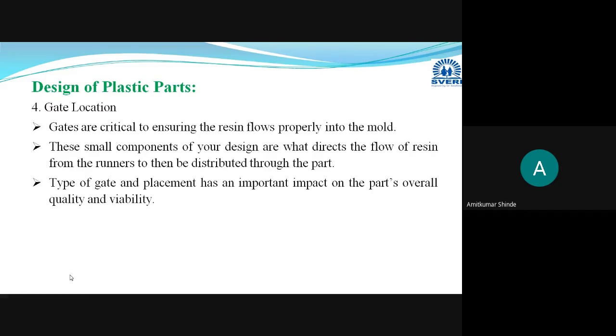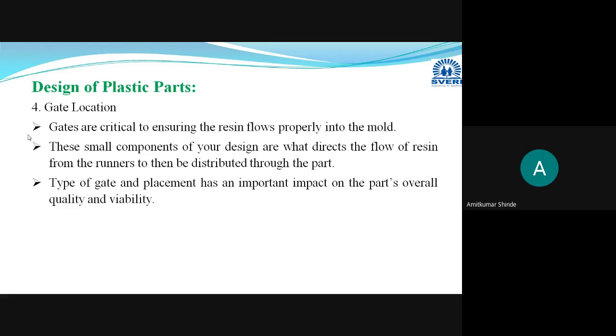After considering this wall thickness, the next point you have to take into consideration is gate location. Here, this gate arrangement. The plastic material we are melting is allowed to flow into the mold through some runner and gate arrangement.